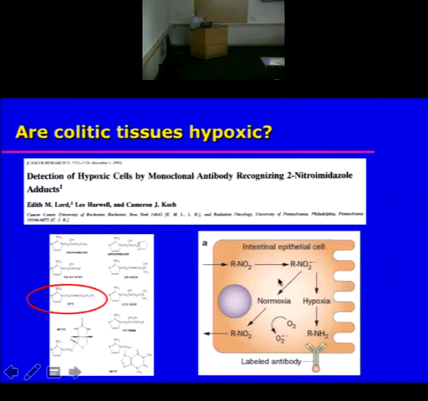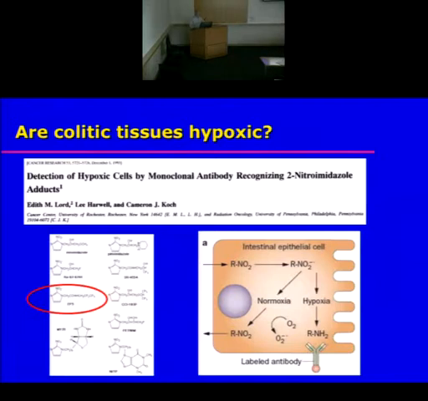However, in the absence of oxygen, when oxygen levels are low, these molecules form a very reactive nitrogen species that adducts with various macromolecules in cells, and with monoclonal antibodies can be localized to a tissue. This antibody was originally designed to identify tumor targets that have hypoxic cores.